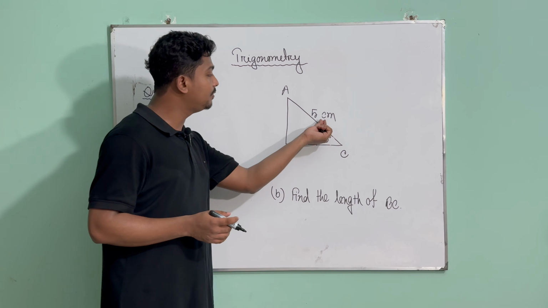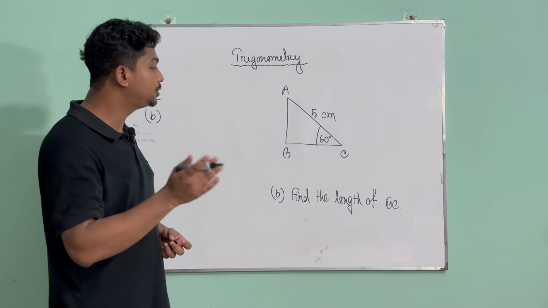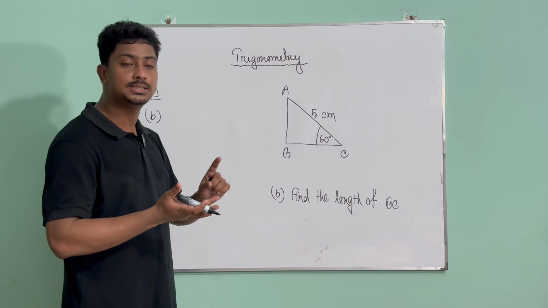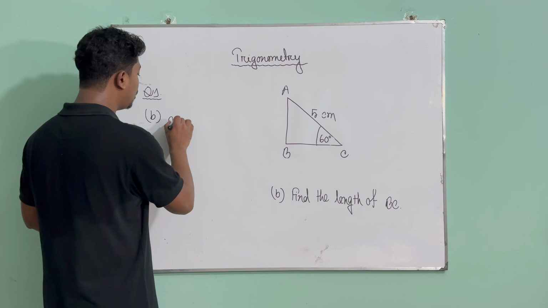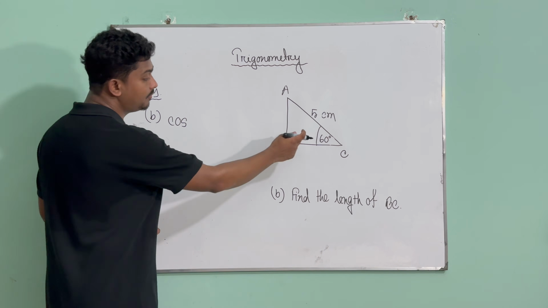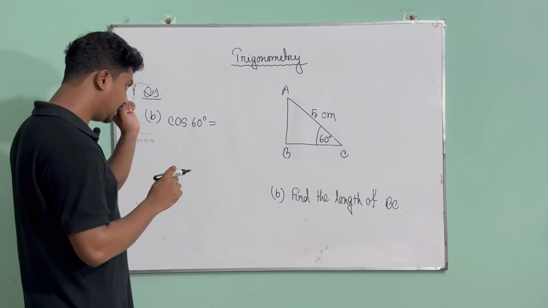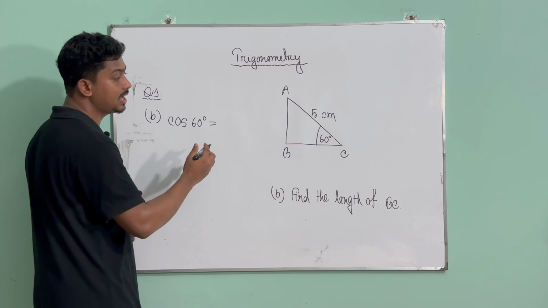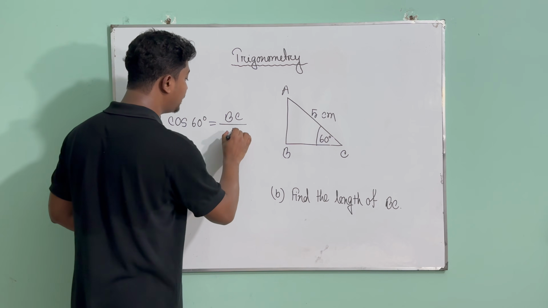We have been given the hypotenuse and we have the angle. Now what function can we use for hypotenuse, adjacent and angle? Yes, cos. In place of theta we have the value, so we are going to use cos 60 degrees, and we know that cos gives us the ratio of adjacent to hypotenuse. Adjacent we don't know, which is BC. Hypotenuse we know, which is 5.